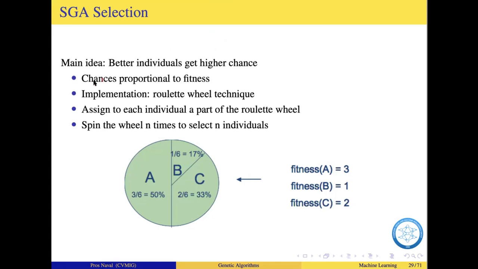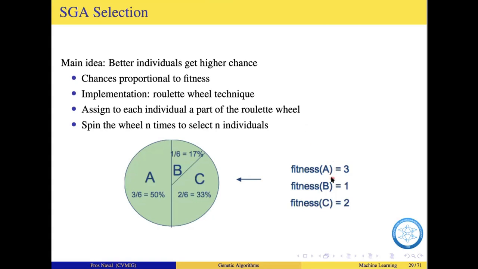So the chances would be proportionate to the fitness. We implement that by using the roulette wheel technique. For this, we assign to each individual a part of the roulette wheel, and then we spin the wheel n times to select n individuals.